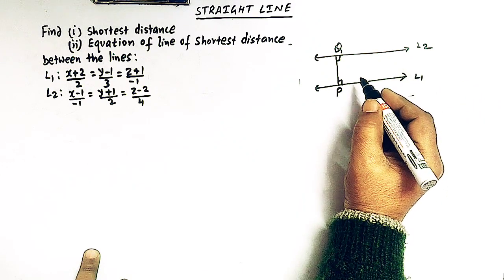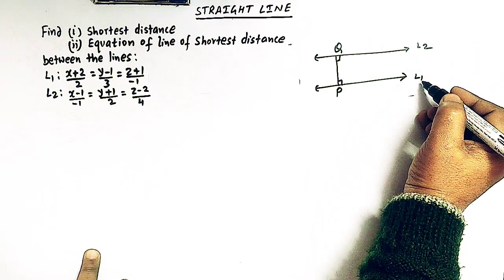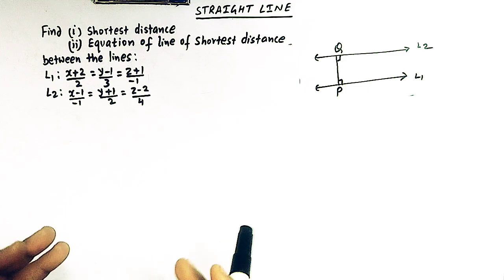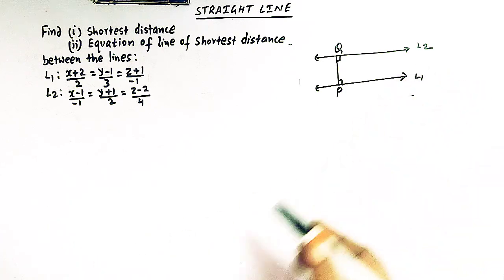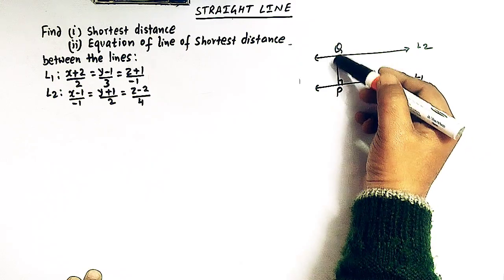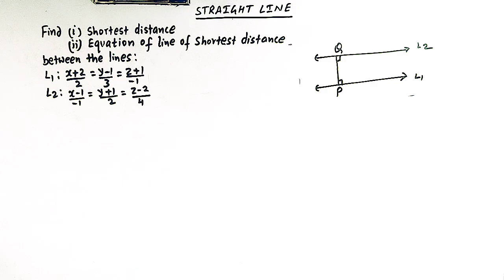The length of this line intercepted between the given lines L1 and L2 is called the length of shortest distance. In other words, if two lines are non-coplanar and non-intersecting, then L1 and L2 are known as skew lines, and this distance PQ, which is perpendicular to both the lines L1 and L2, is known as the shortest distance between L1 and L2.